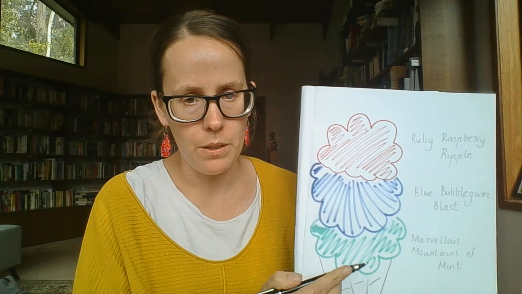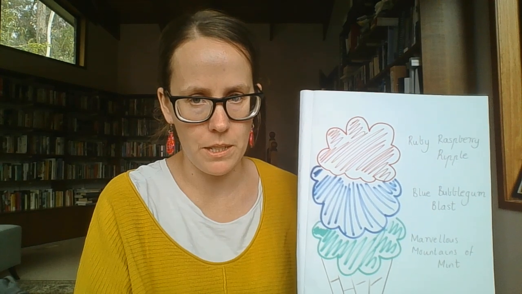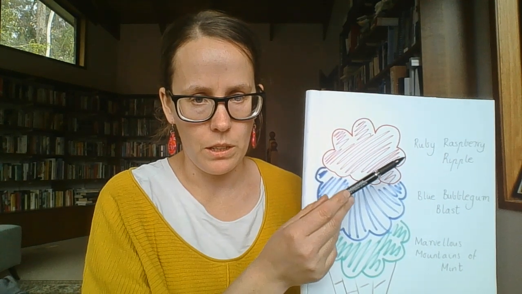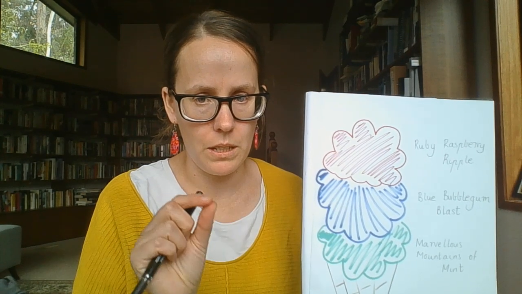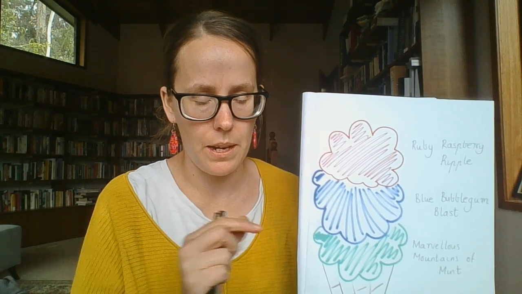I'm going to call that one Marvellous Mountains of Mint. So all the words, or most of the words in this flavour, begin with the M sound. Marvellous mountains of mint. So I've got lots of examples of alliteration here where the beginning sound is the same.